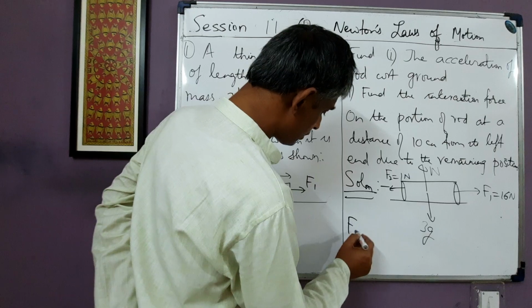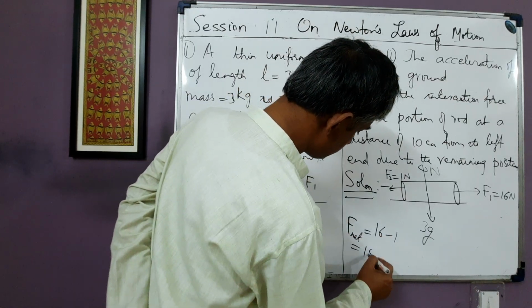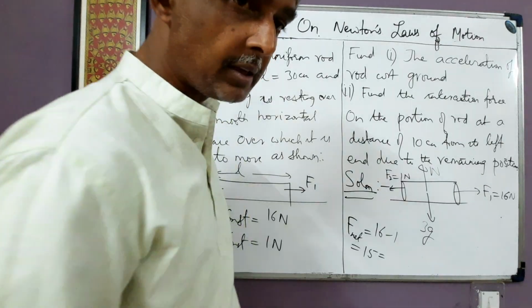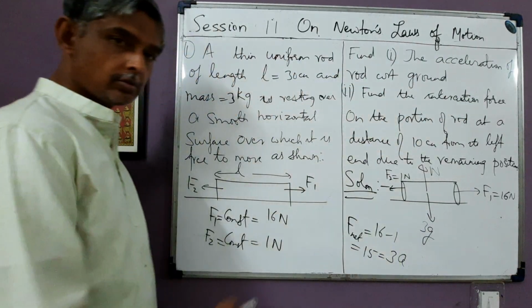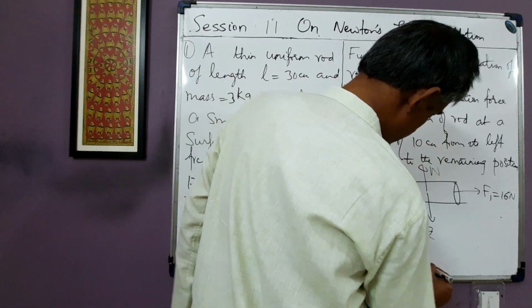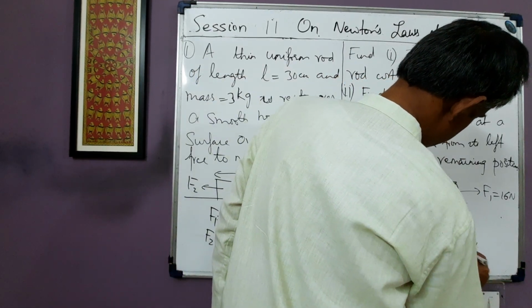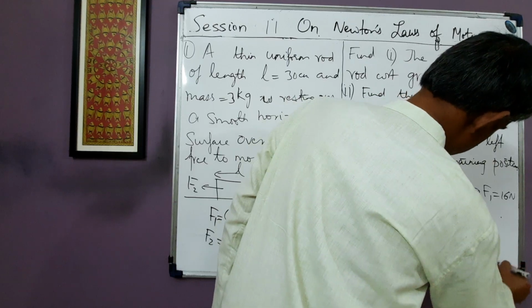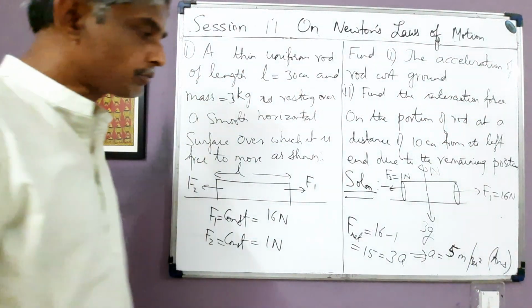That is equal to mass times acceleration. Mass of rod is 3 kg, A is the acceleration of the rod. So from this we get A is equal to 5 meter per second square, which is the required answer. This is the answer to part 1 of the question.